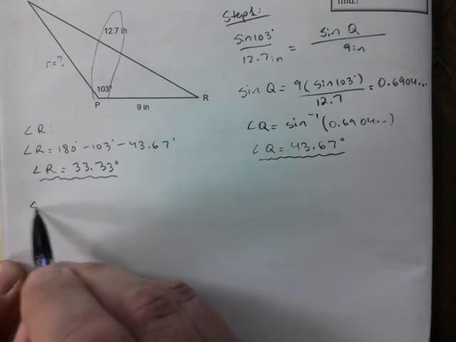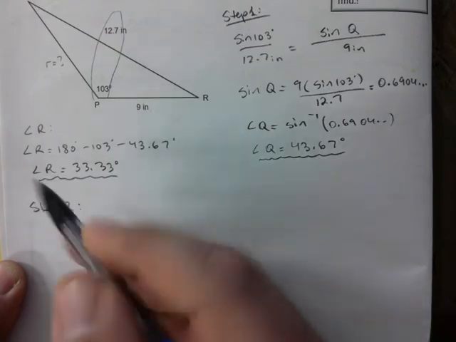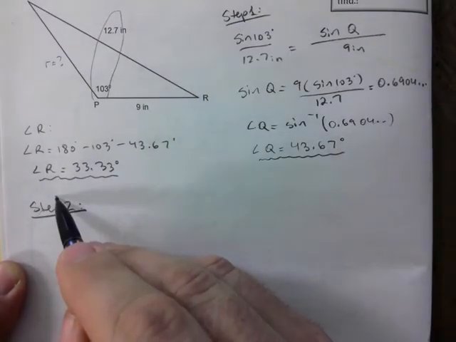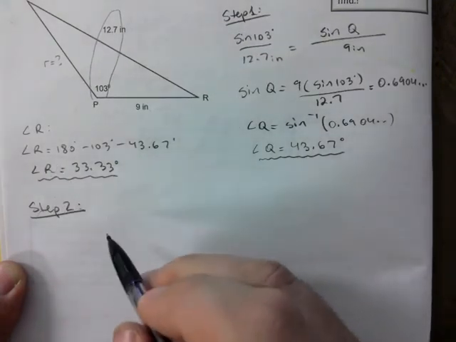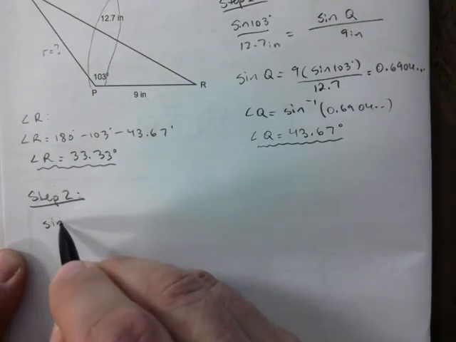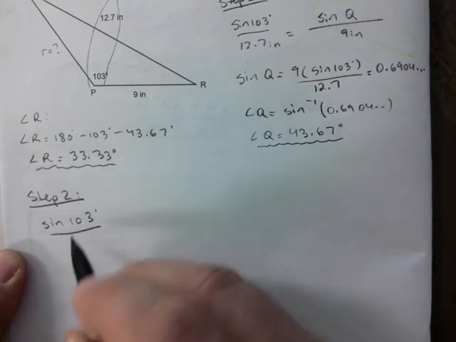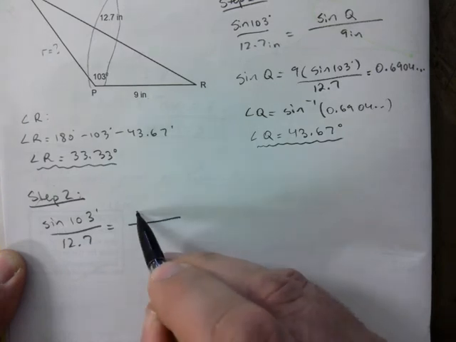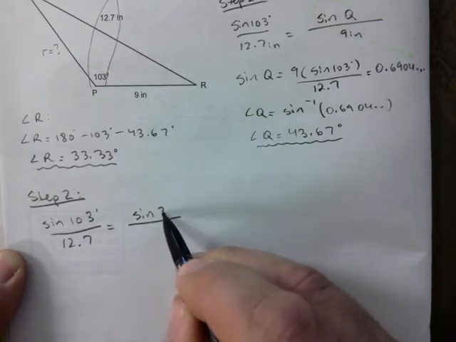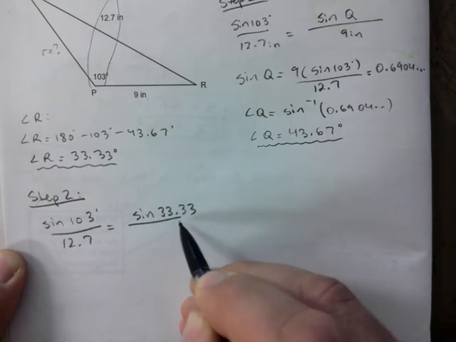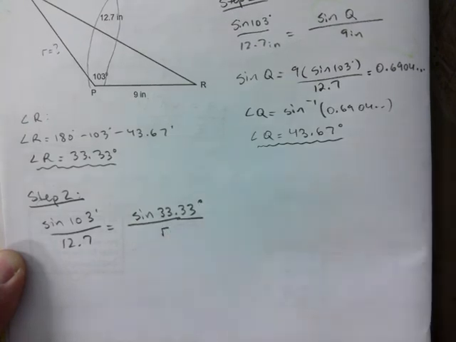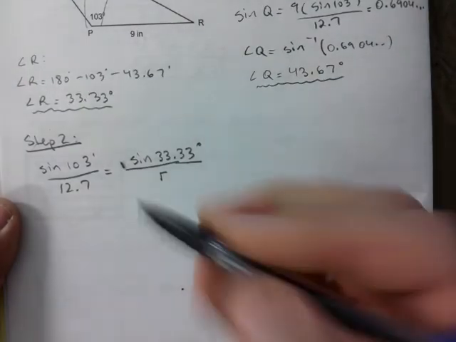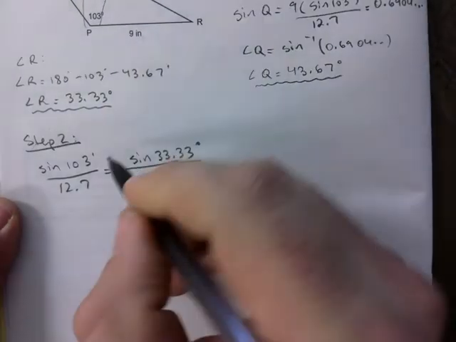And here's step 2. You can call it step 2 and then step 3. Sure, why not? But I'm more interested in these two, right? This is like an in between. Then we go. I'm going to use the same pair that I was given. Okay, but in this case, I'm going to go sine of R over side R. Okay, and then you cross multiply and divide.